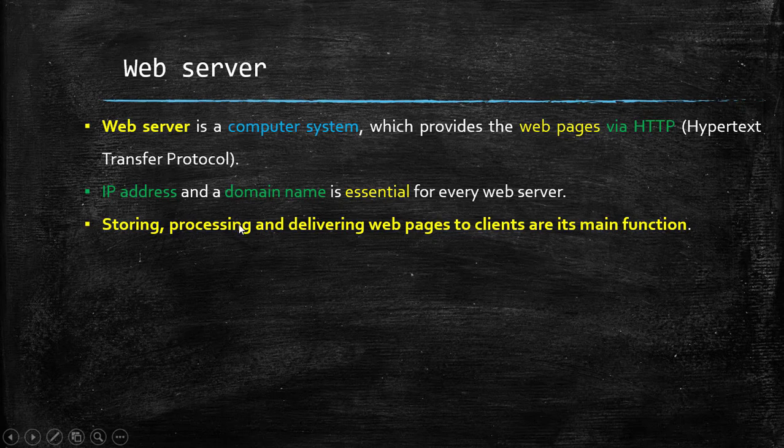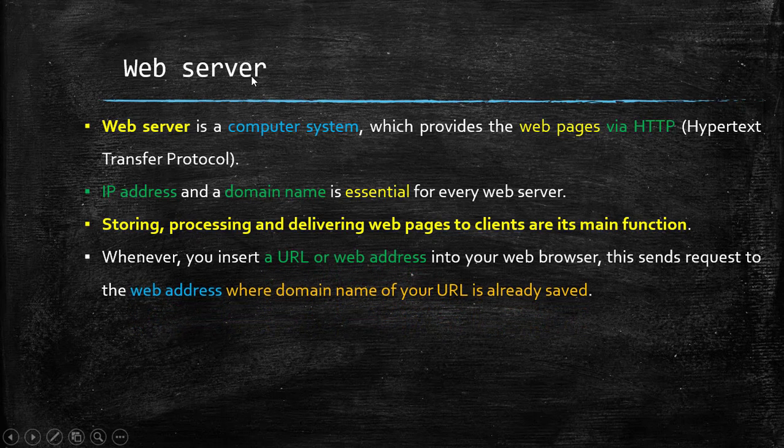After receiving our request, the web server will process it, and if that resource is stored on the web server, it delivers those web pages or resources back to the client. So storing, processing and delivering web pages to the client are the main functions of a web server.